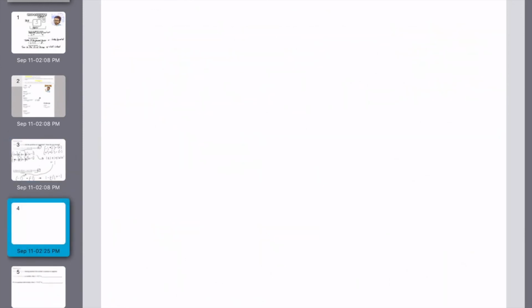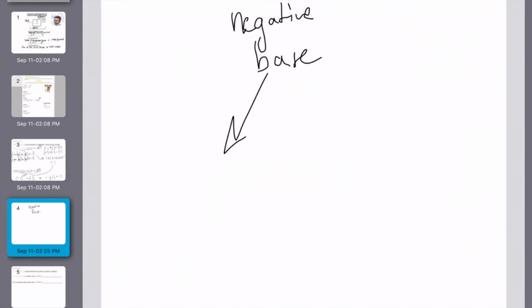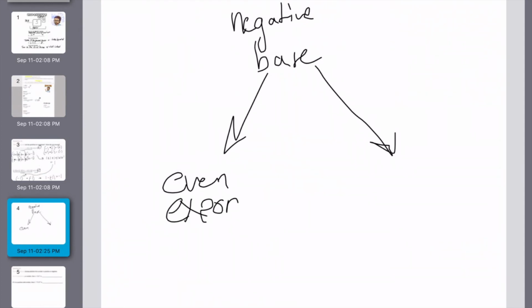So let's write that on the page here. So negative base, let's just make this into a little graph. Negative base, if I have an even exponent, I'm going to have a positive answer.